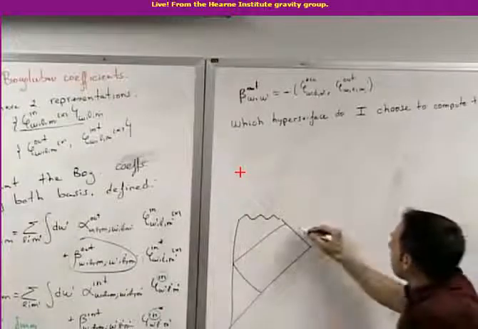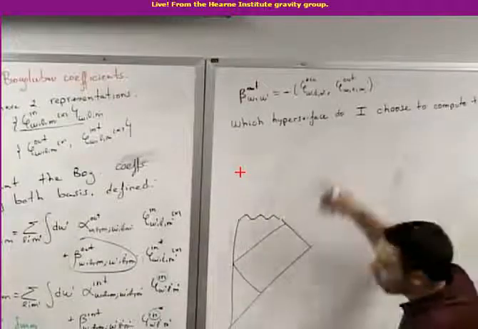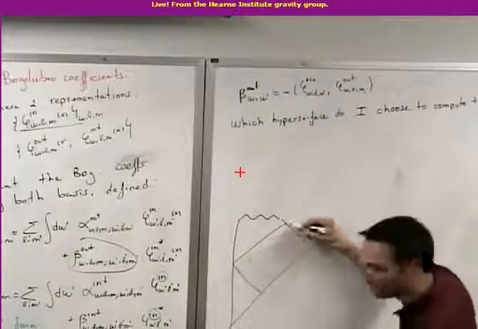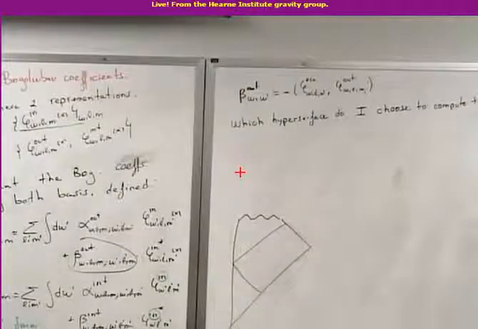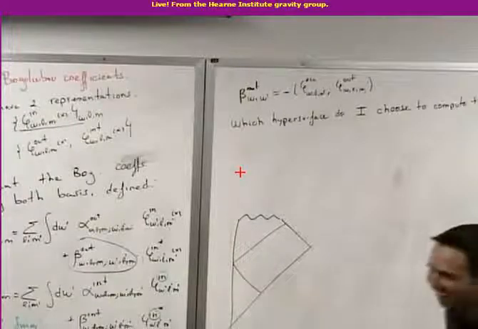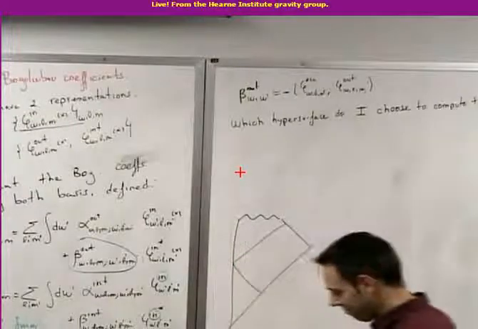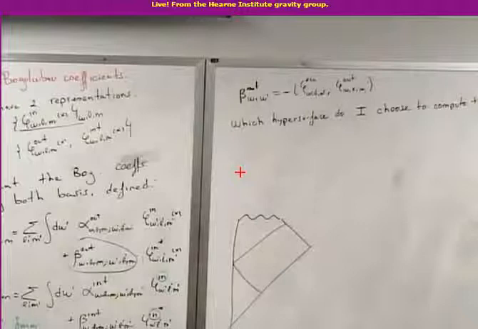If I choose scri plus, I have the same problem with the in modes: I have to take the in modes and bring them to scri plus. So there is no easy choice. Whatever choice we make, we have to do the propagation.